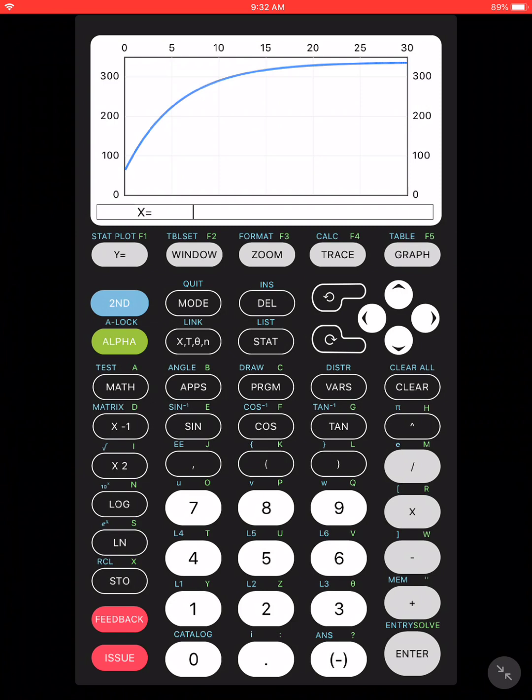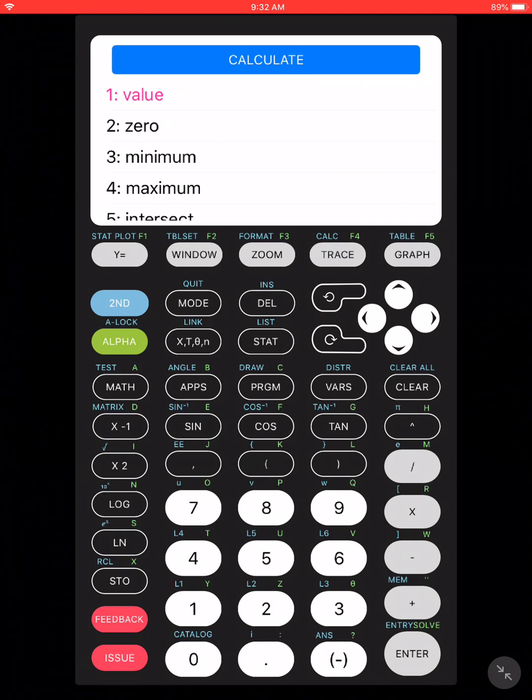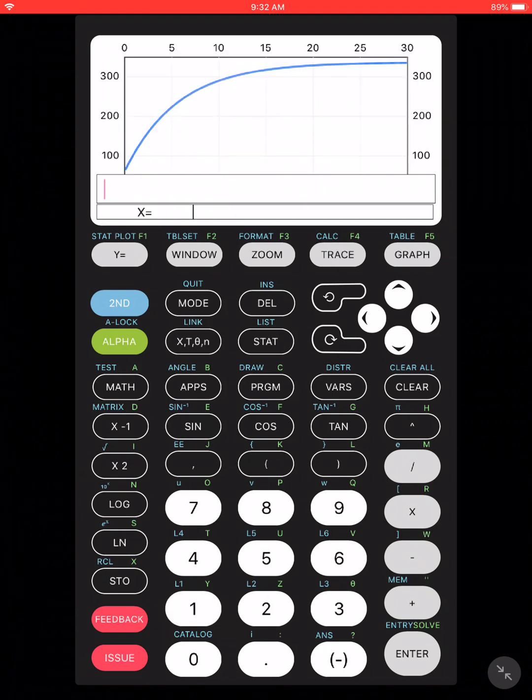So we're approaching that 337 value, but never actually reaching it. Another quick thing I could show you is I could use the trace or the calculate feature to calculate a value. Going back, we were trying to figure out the length of the shark after 3 years. So I type in 3, I hit enter, and I get that same value, 175.19.